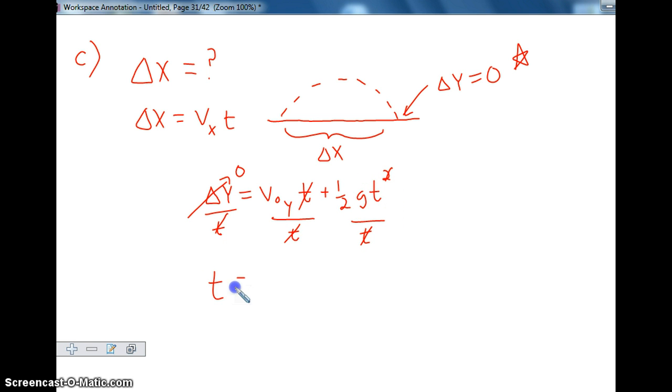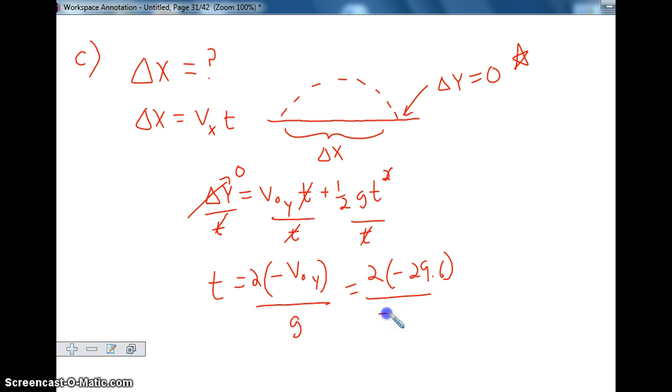Rearranging that formula, it's going to be negative initial y velocity times 2 over g. Plugging in my numbers, this is still going to be 29.6 meters per second that we found originally over negative 9.8. Running those numbers, we've got a t of 6.04 seconds.